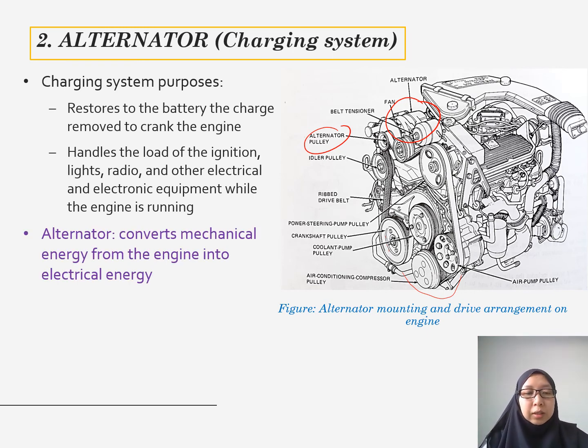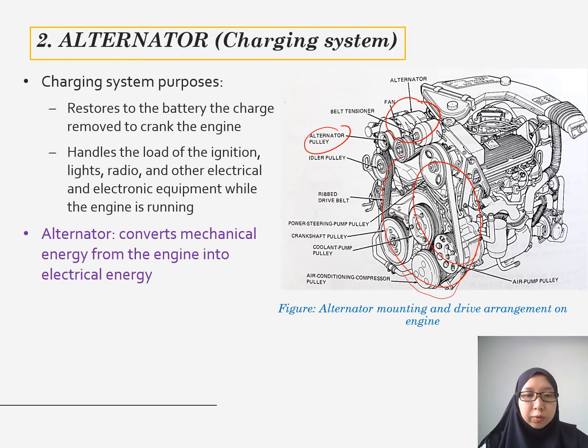So the alternator basically converts the mechanical energy from the engine into electrical energy, right? It's connected to the engine through this pulley.